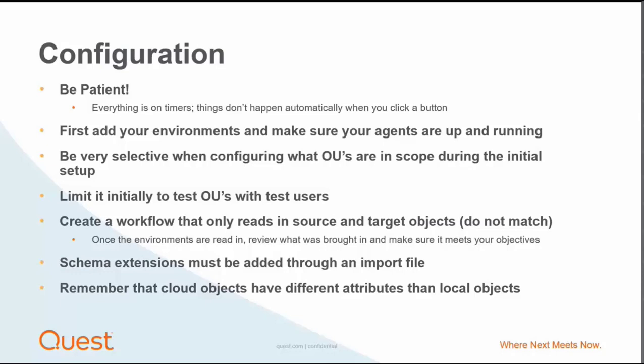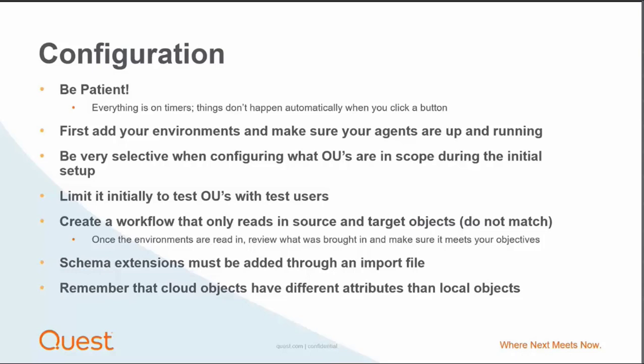Add your environments, make sure the agents are up and running. Again, pretty basic stuff. But what's important is that when you first do your setup and configuration, be very specific about what the scope is of what you're looking at. Don't read in your entire source environment.